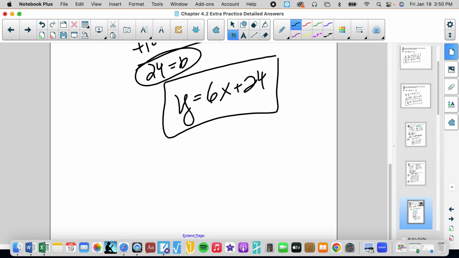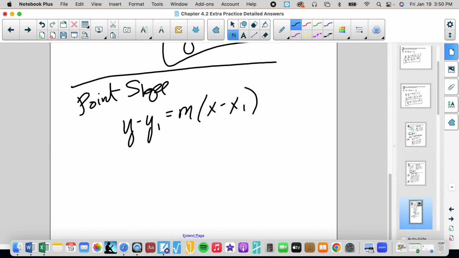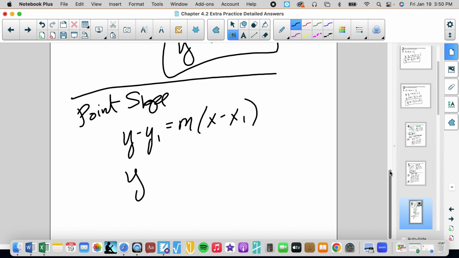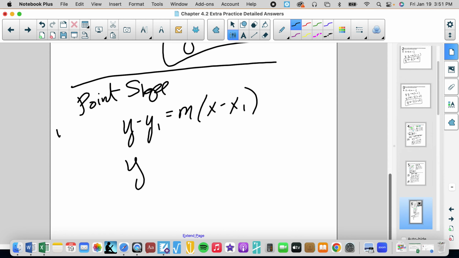If we wanted it in point-slope form, I'm staying consistent, point-slope form, y minus y sub 1 equals m times the quantity x minus x sub 1. So what was my y value in that point I used? Using negative 3, 6.